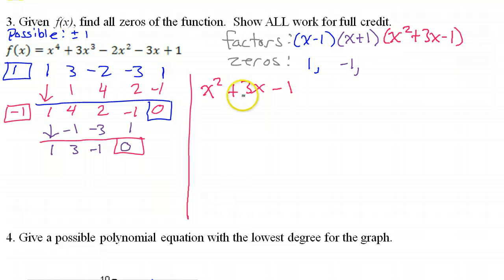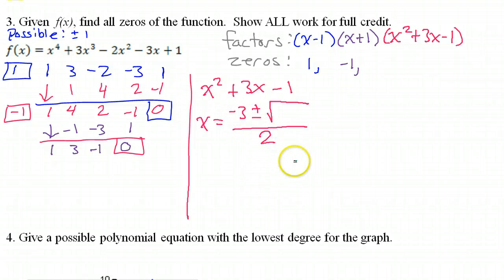Now, to find the zeros, I'm going to go ahead and use the quadratic formula. So, opposite of b. b is 3, so that means I'm going to have -3 plus or minus the square root, all over 2a. a is 1, so 2a is just 2.